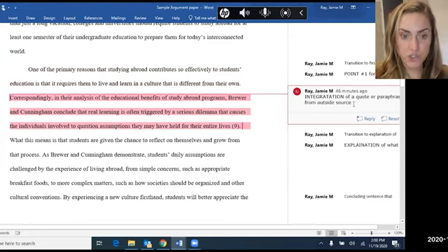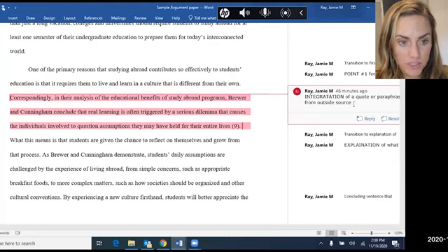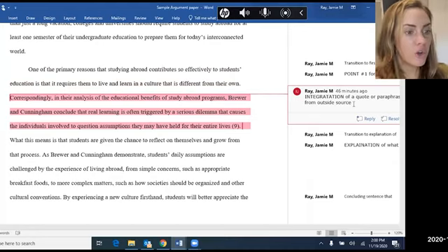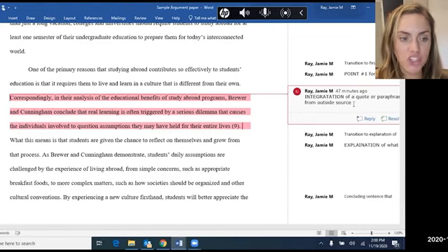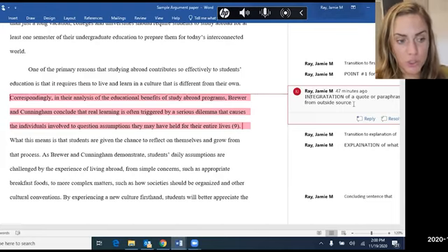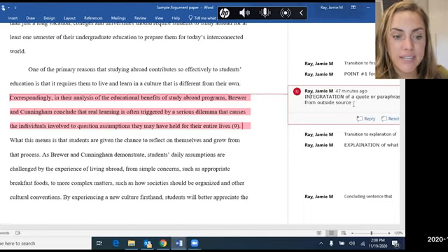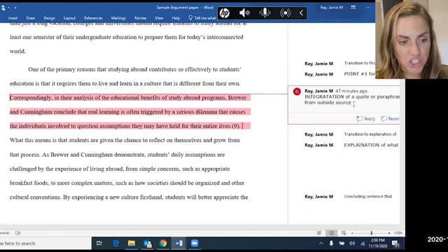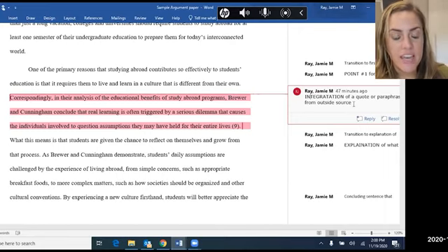"Correspondingly," now this is a transition to a quote or a source. "Correspondingly, in their analysis of the educational benefits of study abroad programs, Brewer and Cunningham conclude that real learning is often triggered by a serious dilemma that causes the individuals involved to question assumptions they may have held for their entire lives."